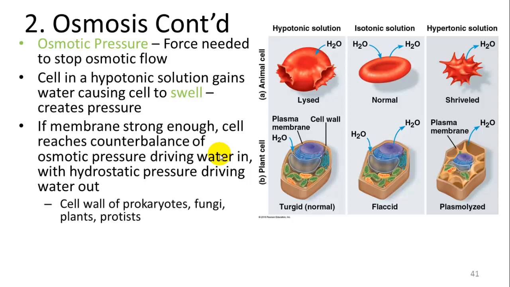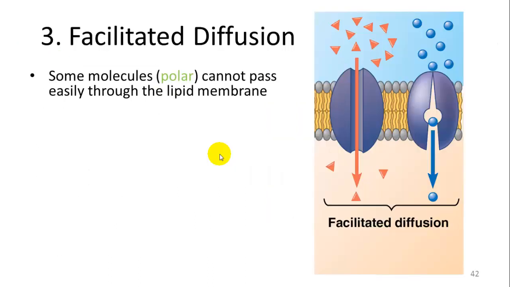But if it's not supported by something like a cell wall, such as in plants and fungi, then it may burst. So you see that to the left here. Okay, if the opposite is true, if water is flowing out, then the cell may shrivel up if it doesn't have enough force to counteract that balance.